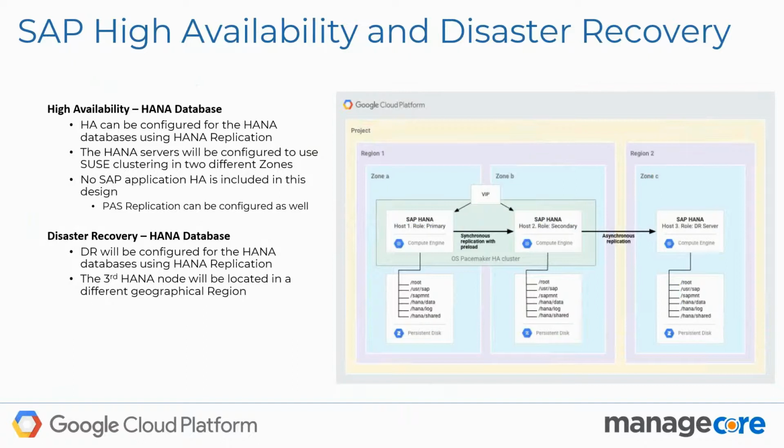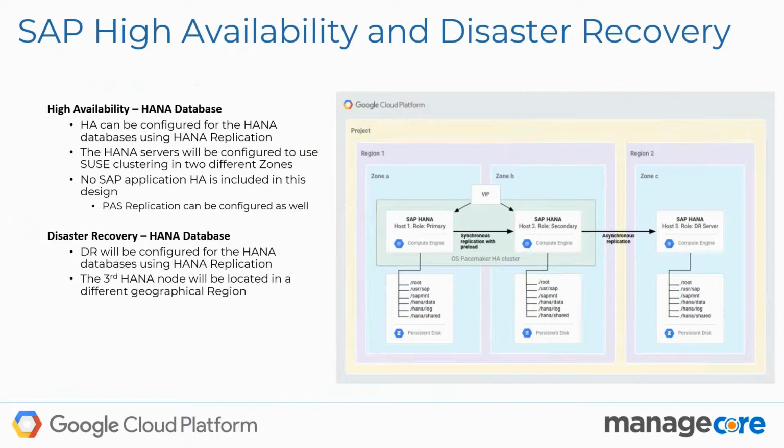Again, using the example US West 1, both of these zones are within US West 1, but these zones are actually different, disparate locations. So in this example, I'm using one HANA database in one data center or zone. I have another HANA database in another data center or zone, physically disparate.